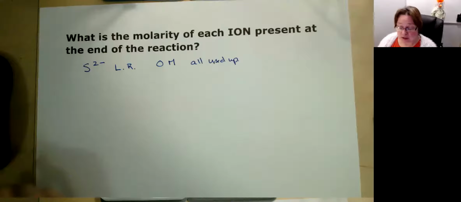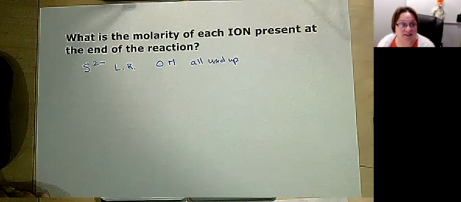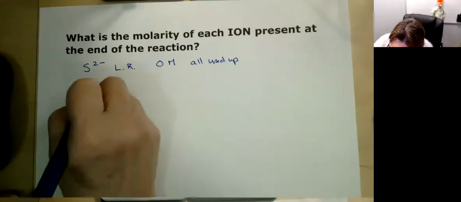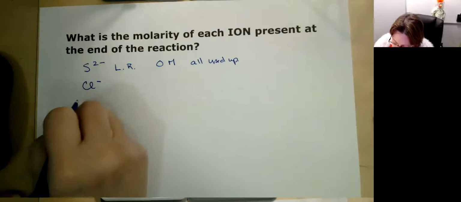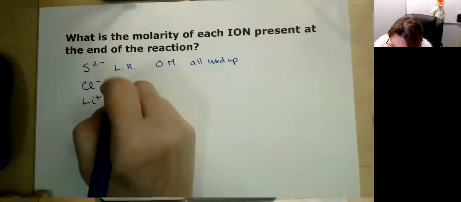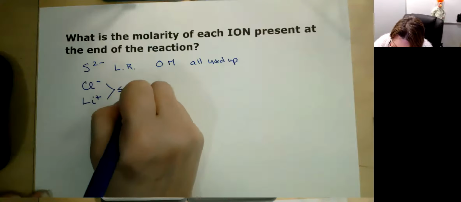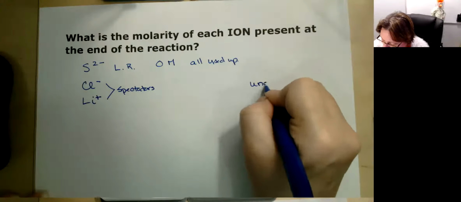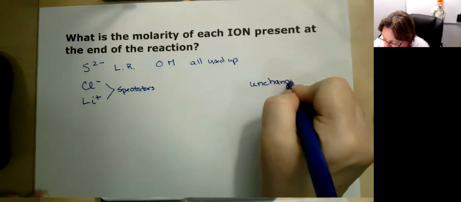Some other easy ones to do. We had those spectator ions, the ones that we haven't been paying attention to. So that would be our chlorine ions and our lithium ions. Okay? These two were our spectators. And what that means is that they are unchanged. They weren't involved in this reaction at all.